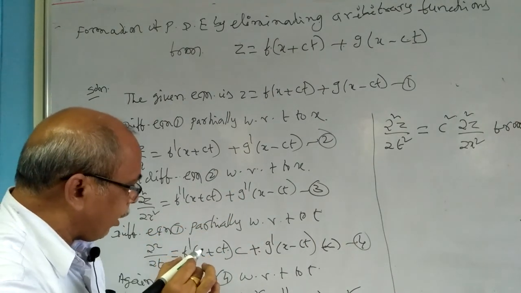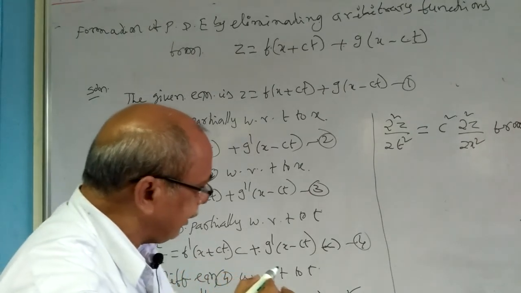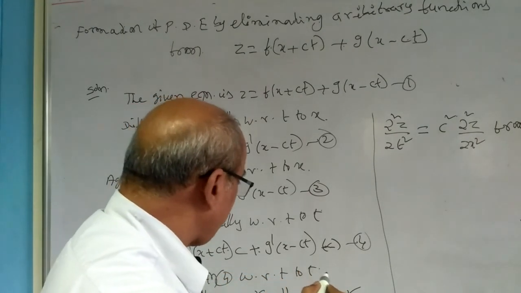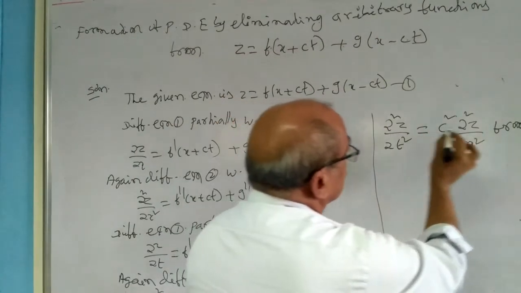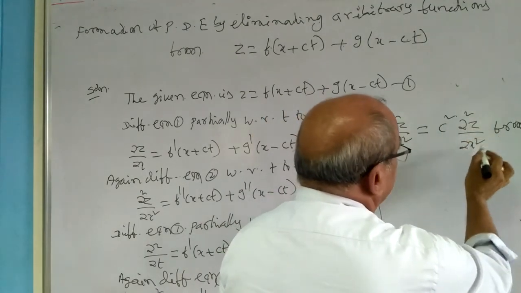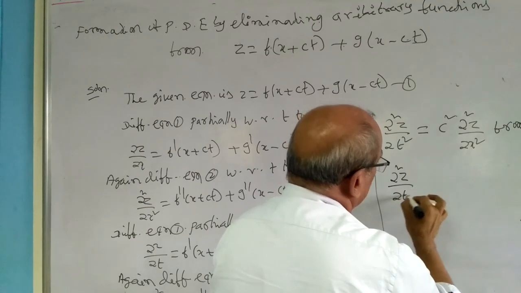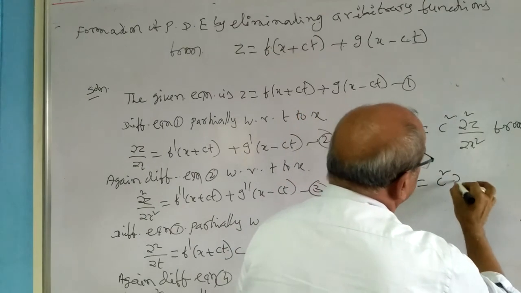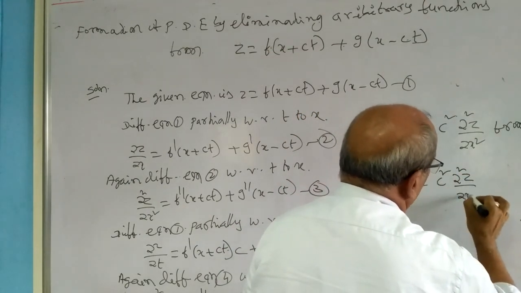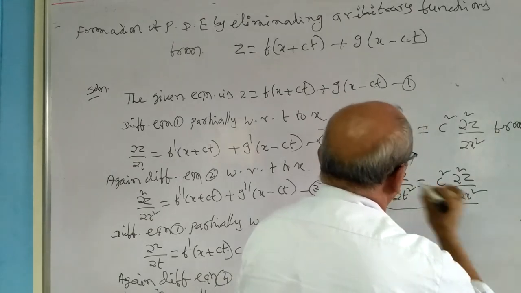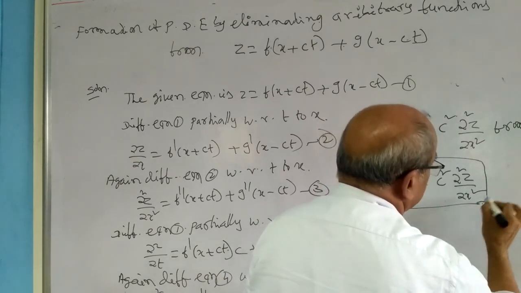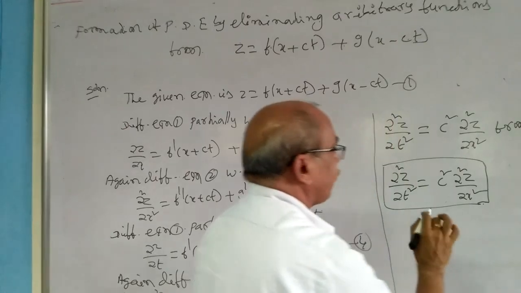So c square taking common, from equation 3, c square into dou square z by dou x square. So dou square z by dou t square is equal to c square into dou square z by dou x square. So this is the second order partial differential equation, which is the required solution of the given partial differential equation.